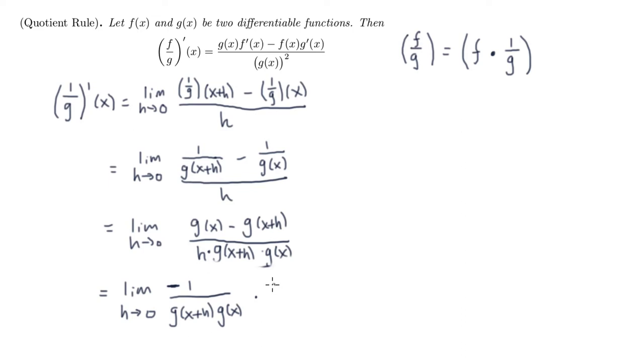I'm going to write g of x plus h minus g of x all over h. Okay, and so take a minute, make sure you believe what I'm doing here. So if I multiply this negative 1 back in, notice I'll get back to g of x minus g of x plus h. So that's why I have to factor that negative 1 out. Everything else looks okay. And so what we have is the following.